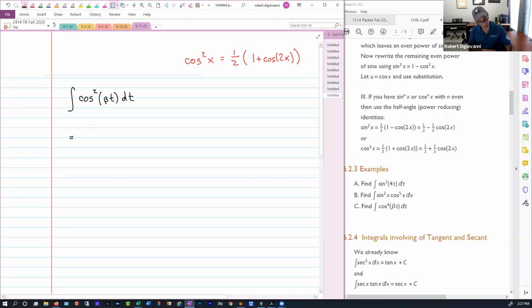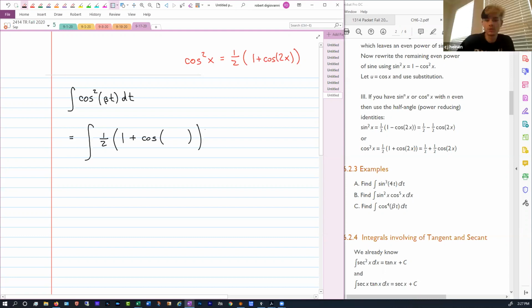This is equal to, so I'm not peeling anything off. Do y'all see that? I'm not peeling off a factor or anything. I'm just rewriting it. So this should be a 1/2 parenthesis 1 plus cosine of what? 2 beta t.